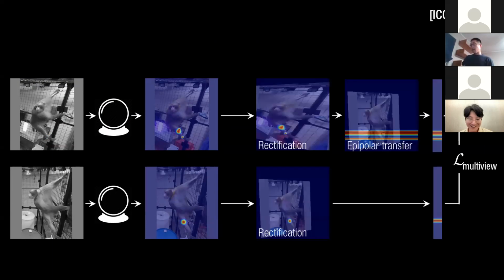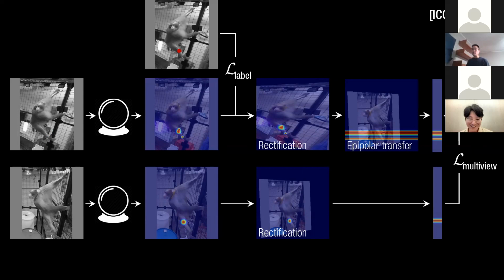We go through this epipolar transformation, where we can measure the multi-view loss between these two images. By enforcing this epipolar loss, we can ensure geometric consistency between these two views. Optionally, when labeled data is available, we can add the label loss together.